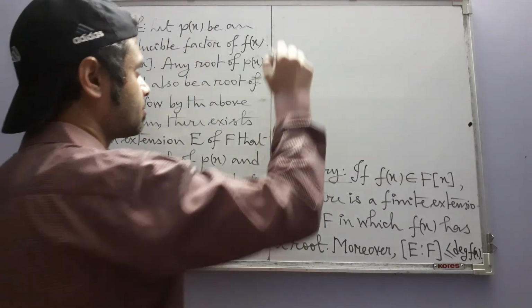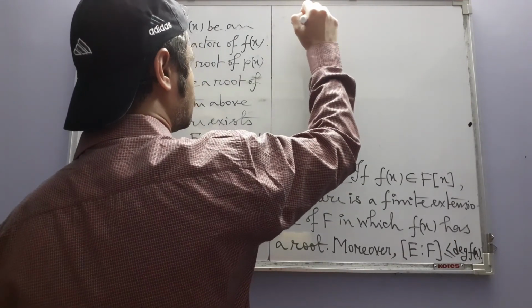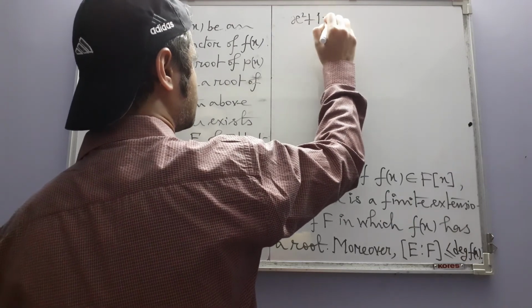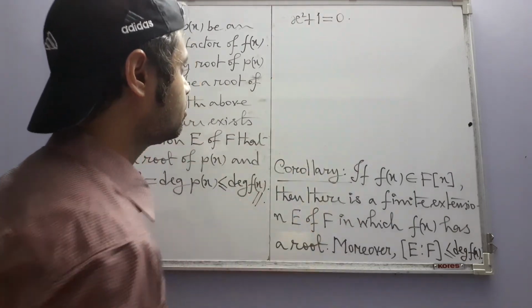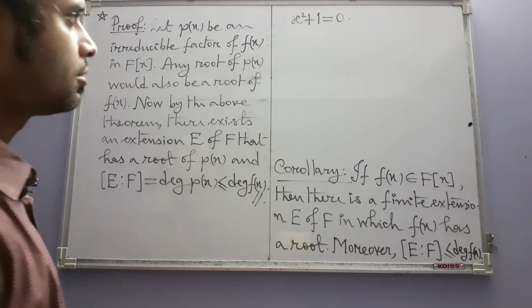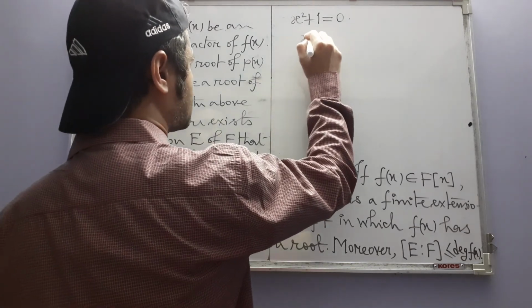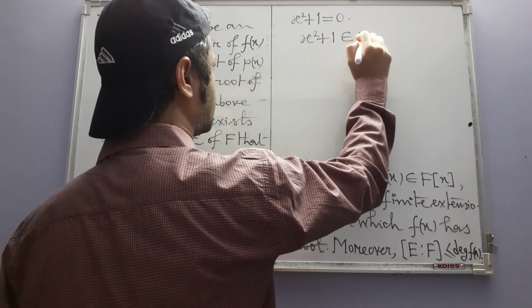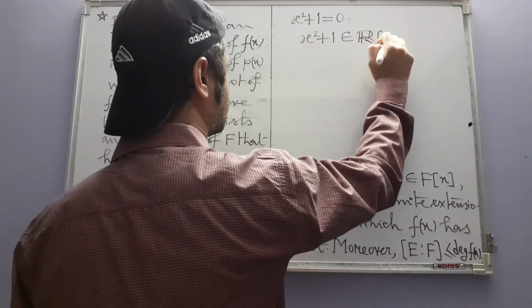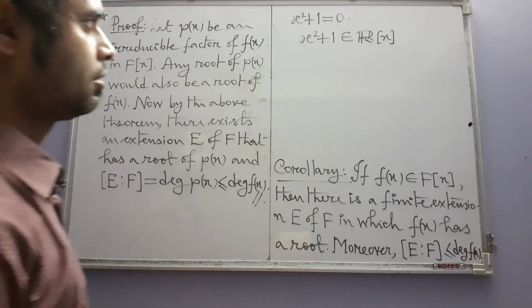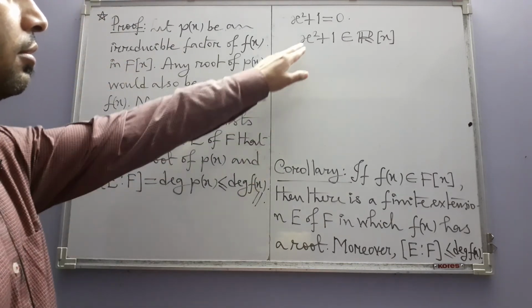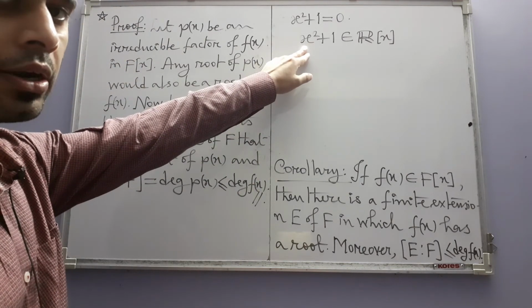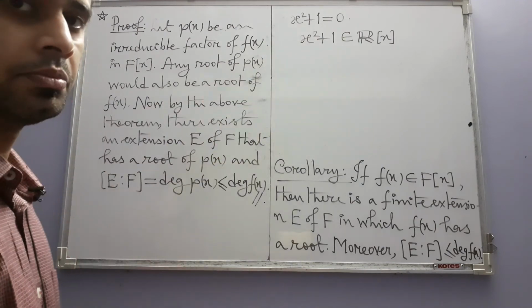We are told that this equation has no real root. That is the same thing as saying that the polynomial x square plus 1 in R[x] has no root in R. You cannot replace x with a real number and get 0.